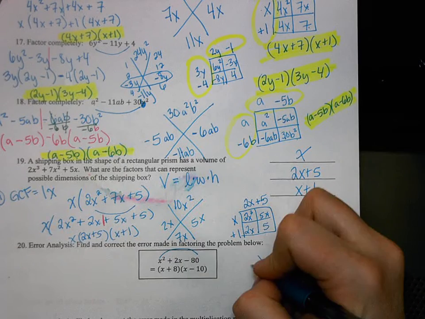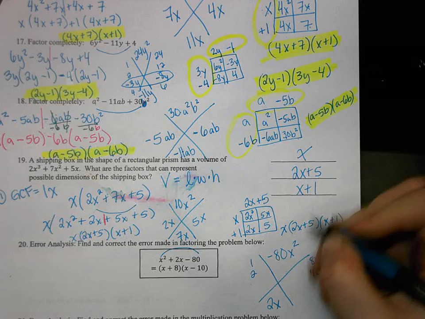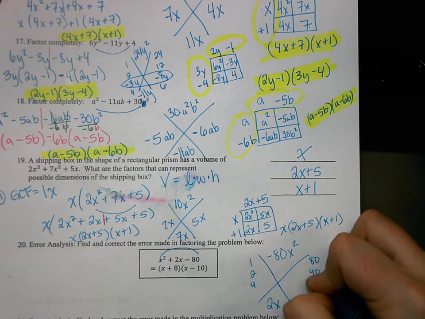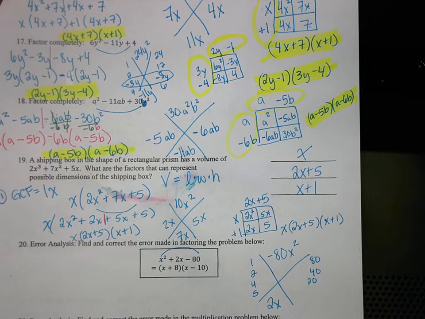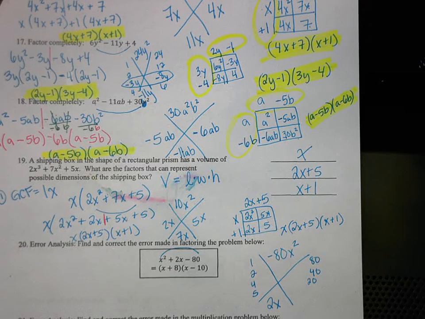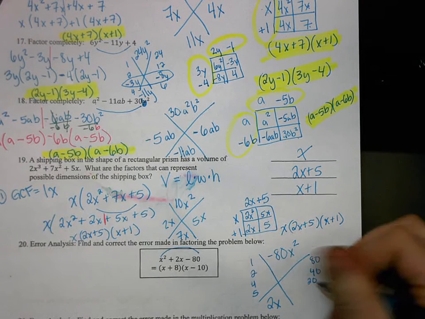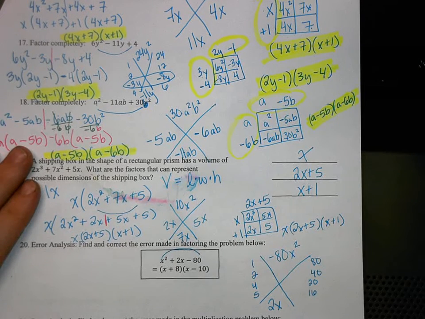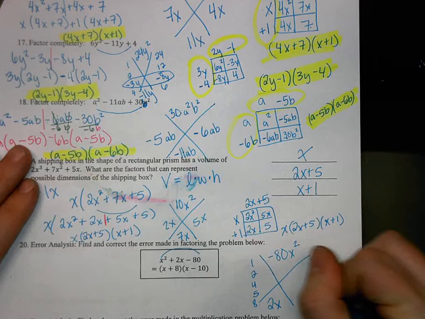The factors of 80 are 1 and 80, 2 and 40, not 3, 4 and 20, 5 and 16, not 6, not 7, 8 and 10, and not 9.